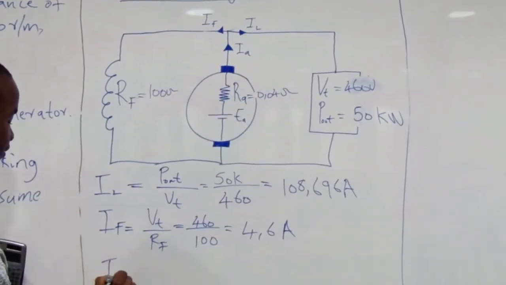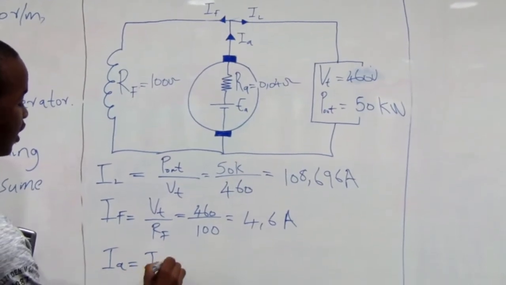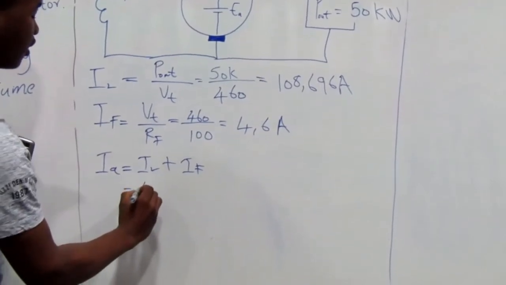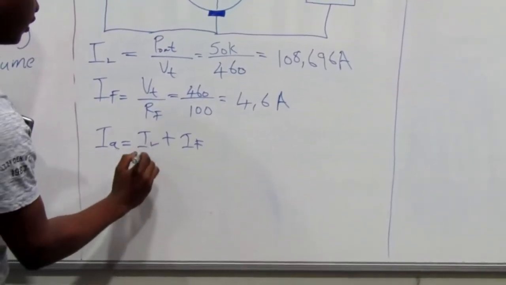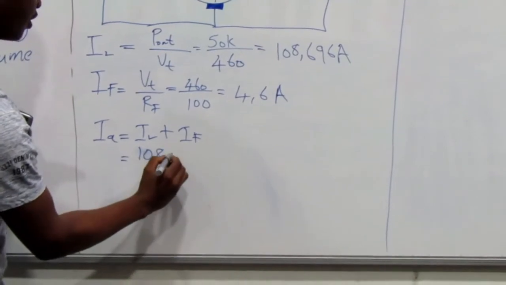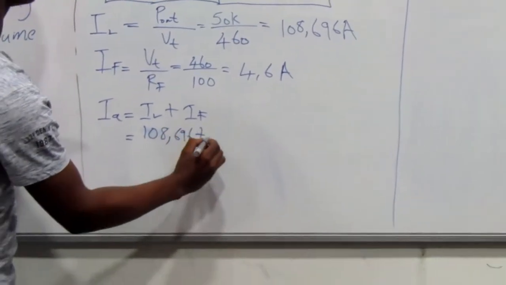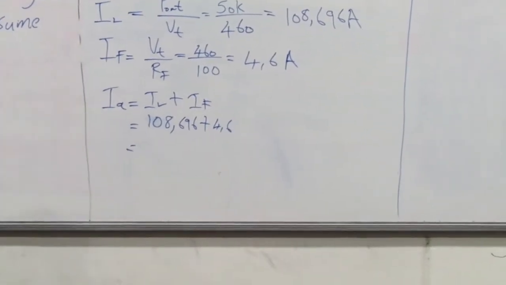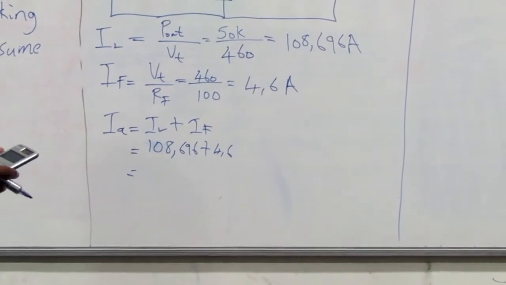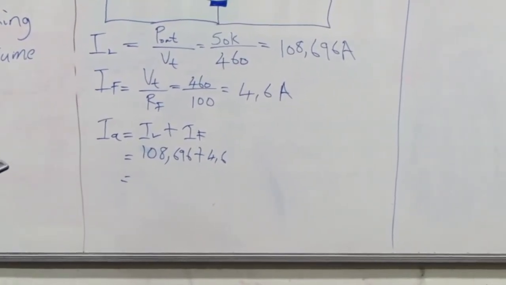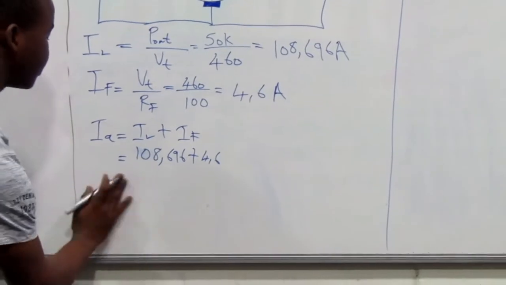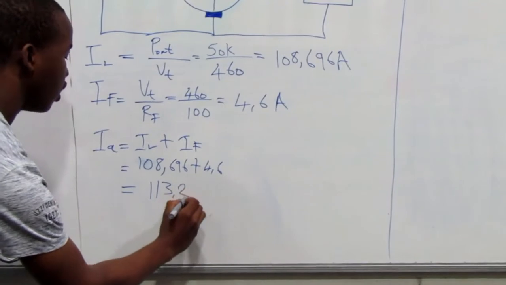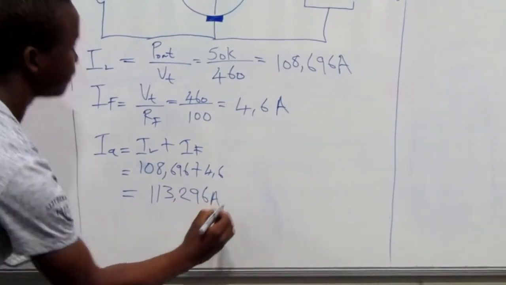Therefore, IA is equal to IL plus IF, which is 108.696 plus 4.6. We get this answer, 113.296 ampere.